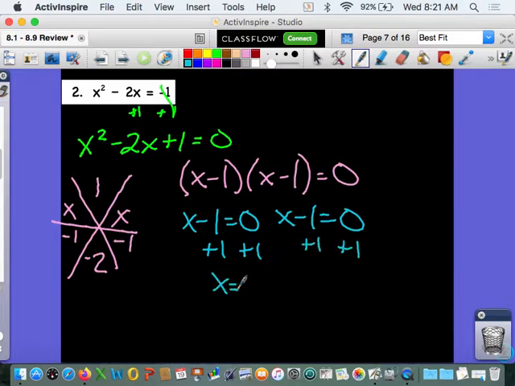Because what? See that x by itself. What kind of operations are those? Starts with an I. Inverse operations, okay? So x equals 1, x equals 1. What goes in curly brackets? Curly bracket 1. Okay.